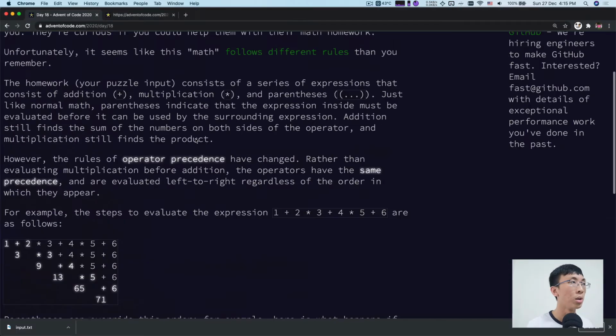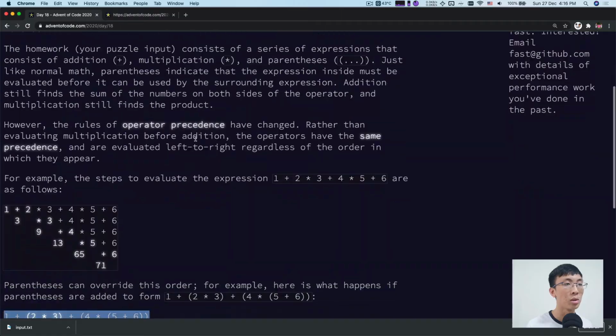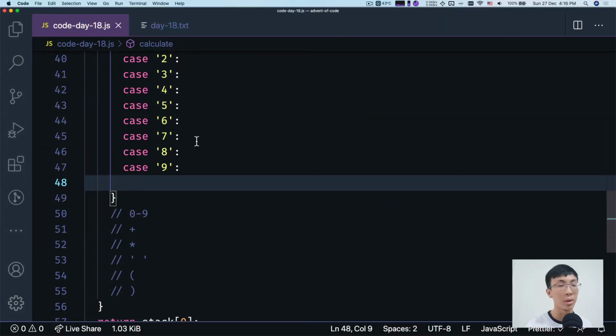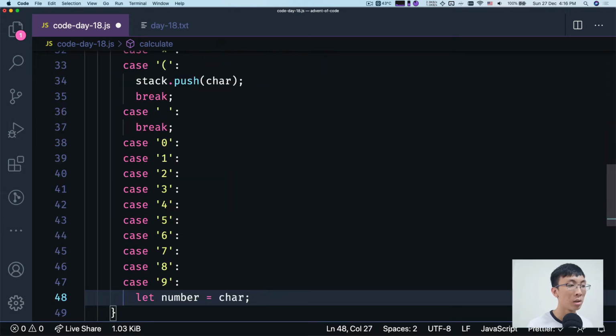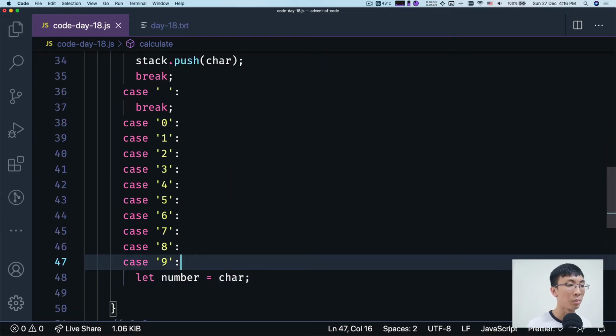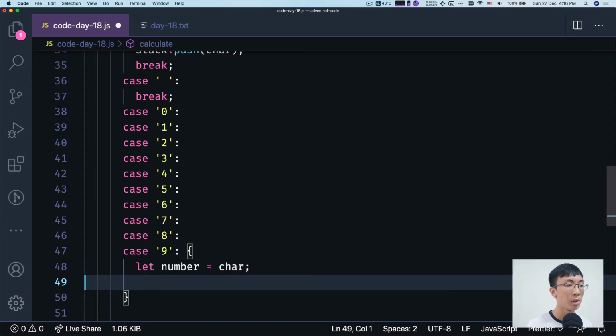I don't think it mentioned whether it will be only 1 digit or 2 digits, so we're probably going to want to handle that as well. So I'm gonna have a variable called number, which initializes with char, and then probably need a scope.